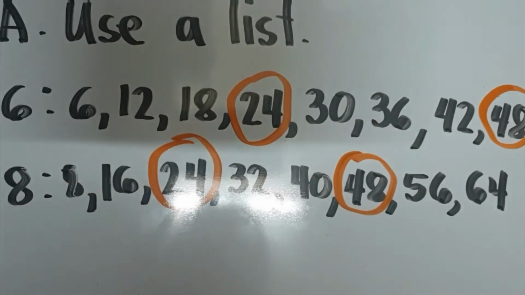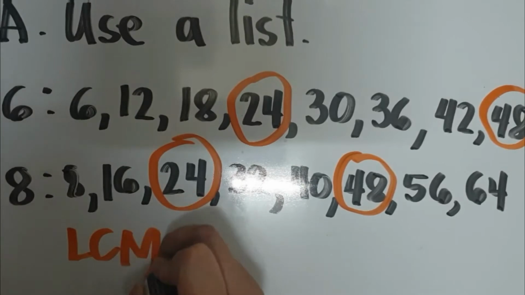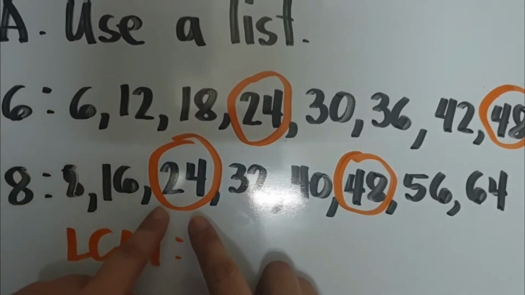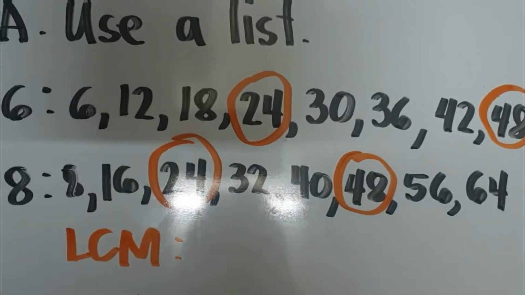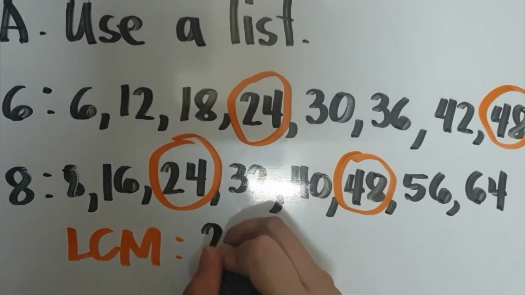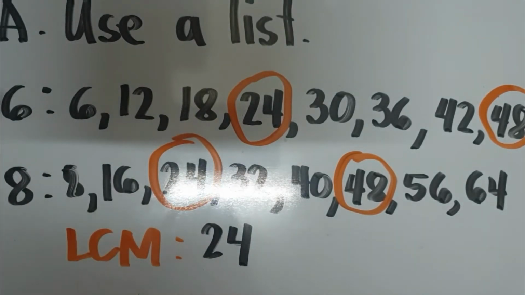Now, from the word itself, we are getting the LCM, or least common. And the common multiples here are 24 and 48. And the least common is 24. So that means the least common multiple of 6 and 8 is 24.